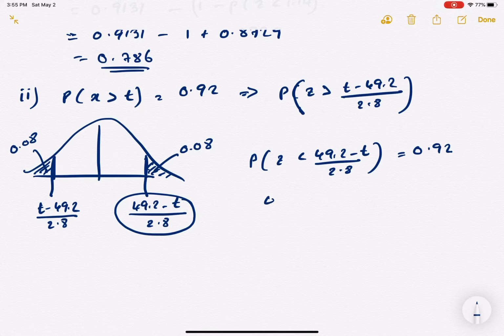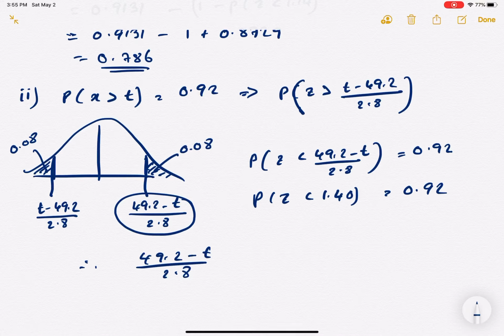Let me mention that as well. The probability of z less than 1.40 is equal to 0.919, which is 0.92 approximately. Therefore, we could say 49.2 minus t over 2.8 is equal to 1.40.